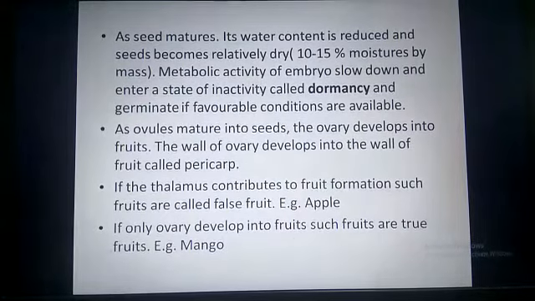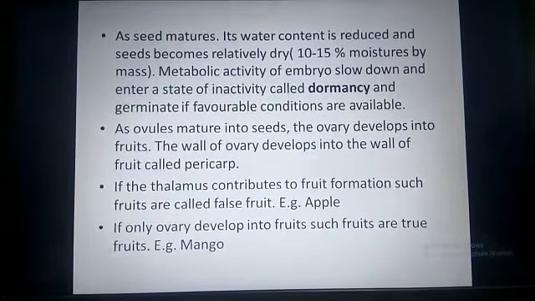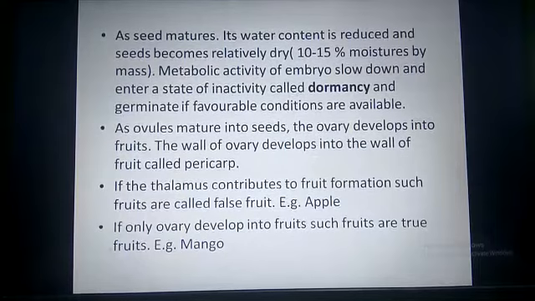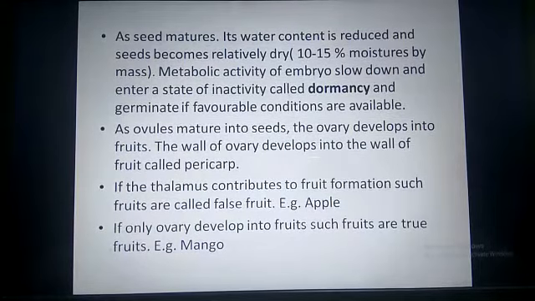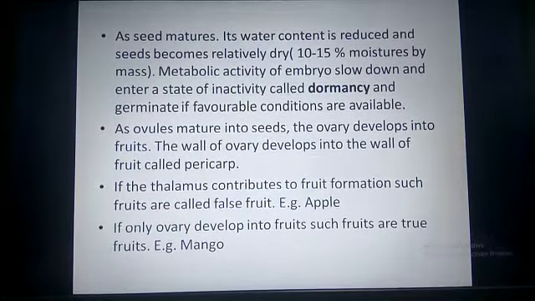As the seed matures, the water content of the seed reduces and seeds become dry. The moisture content is reduced to only 10 to 15% by mass. Even the metabolic activity of the embryo slows down, and the seed enters a state of inactivity called dormancy.